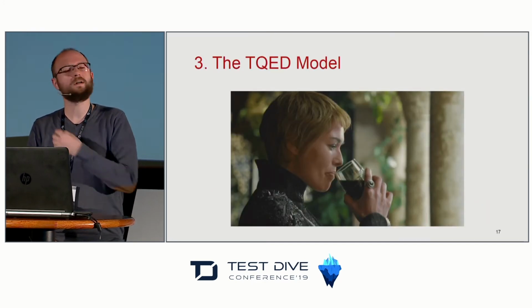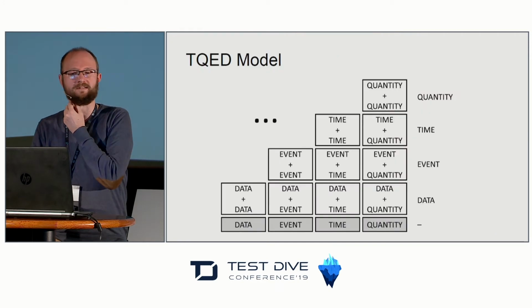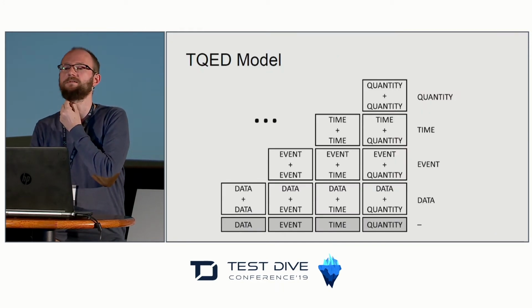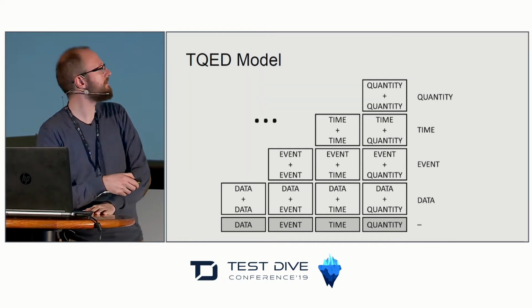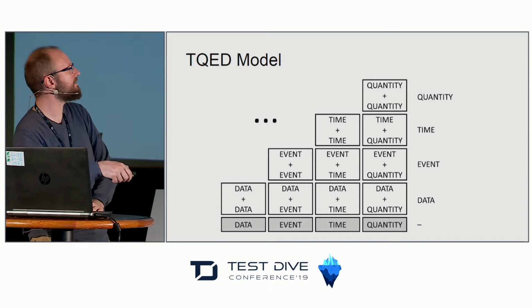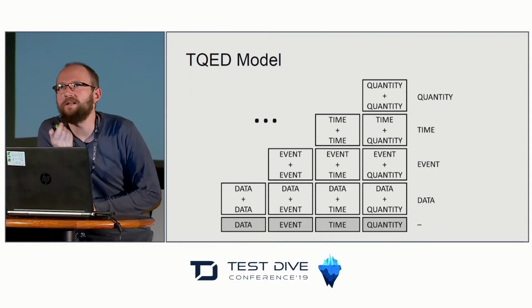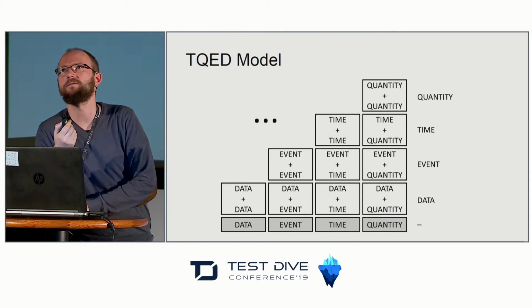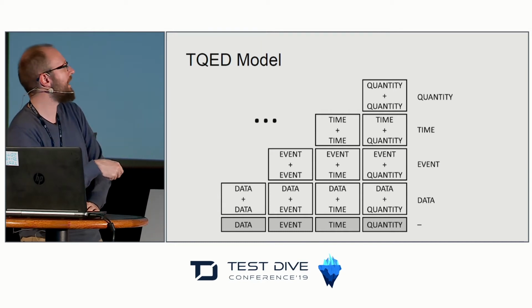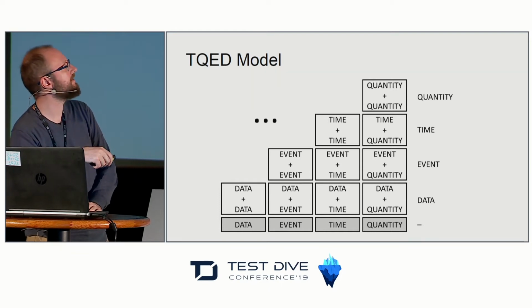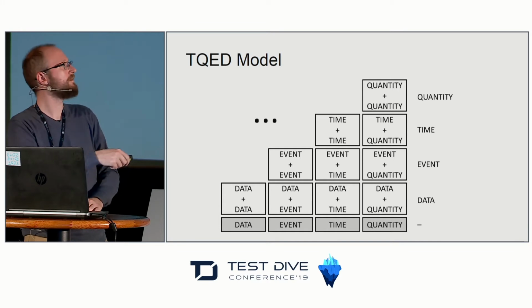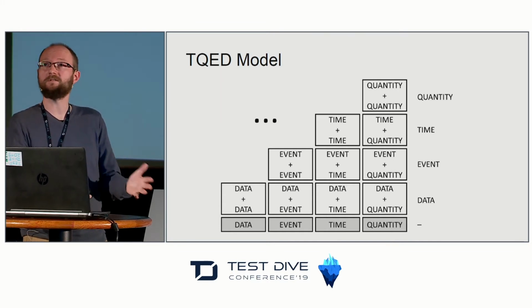And this tool, it really is this. This is the model, the picture of this model. It says that any software phenomenon, any aspect, any part of the software can be described in terms of one of these things, or, that's the most interesting thing, it can be described as a combination of some of them. For example, we can describe some phenomenon as a combination of some data and some aspect of time.